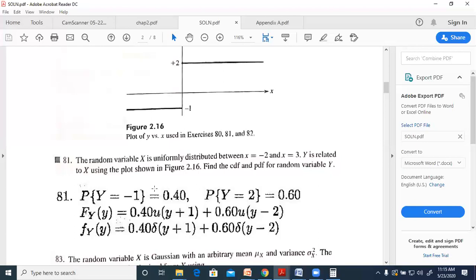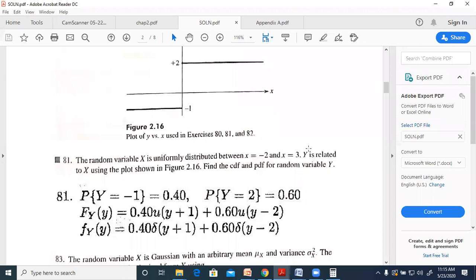and when y is equal to 2, it turns out to be 0.60. So -1 corresponds to x between -2 and 0. The total range from -2 to 3 is 5, right? From -2 to 0 it is 2, so 2 by 5 will be 0.4. That is how it is got.